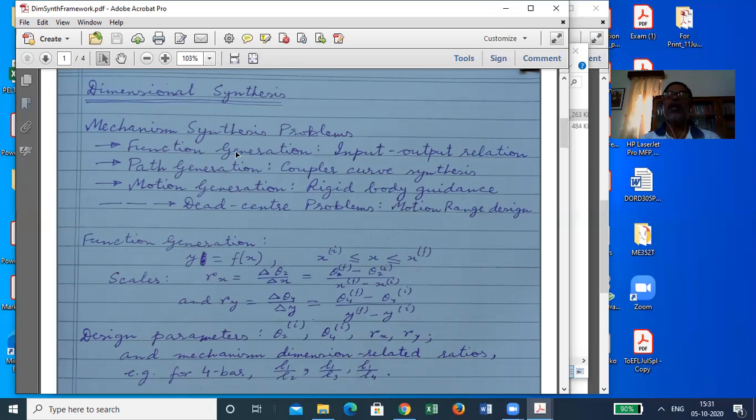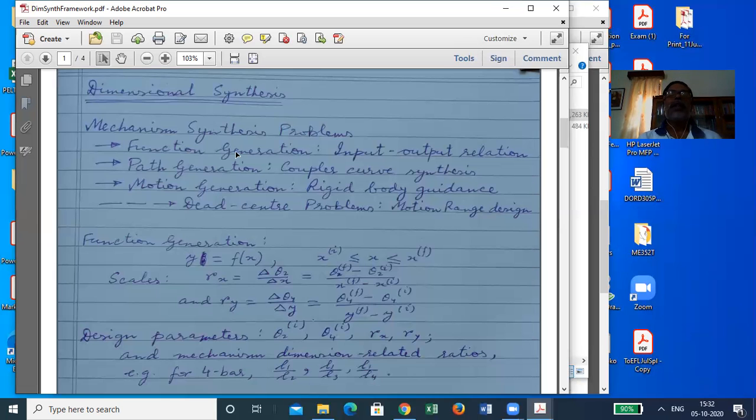Okay, so in between, what you need to do, you need to work out a functional relationship between the input motion and output motion. So you have to work out a functional relationship between these two, which ensures that when you give your easy kind of input to the input link, then the wanted kind of function of time is generated at the output link. Okay, so this is function generation.